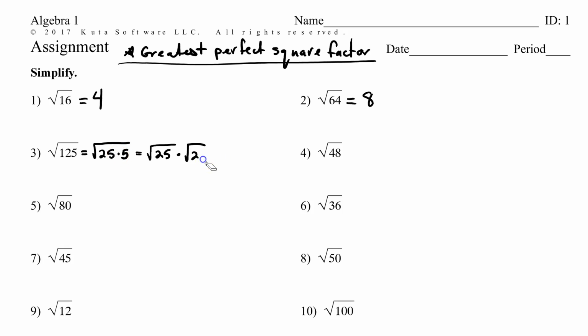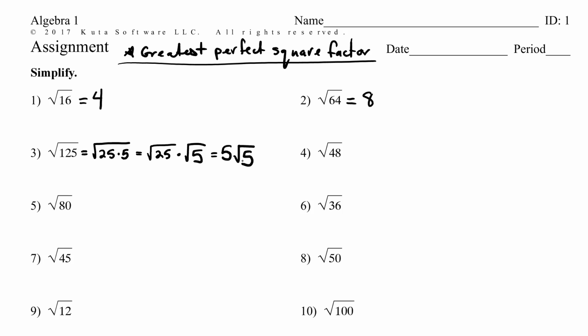But you can do that if the operation is multiplication. Then the next thing is simplify this. The square root of 25 is 5. And then you get the root of 5. Now it looks a little bit funny, 5 root 5, but that's the way we do it.